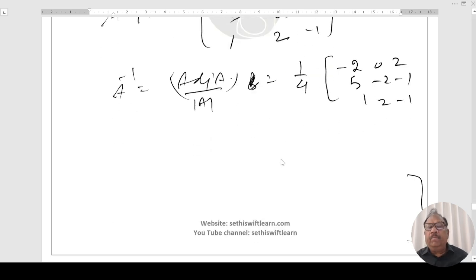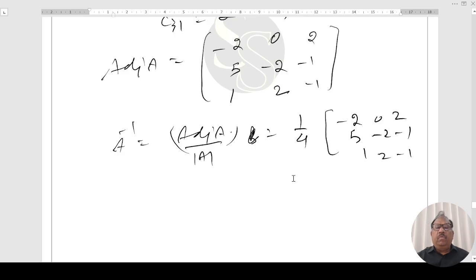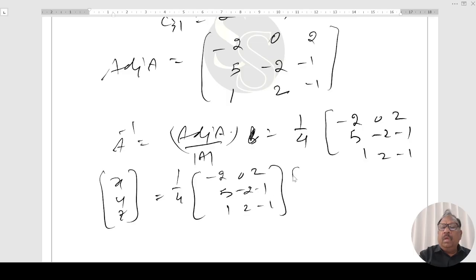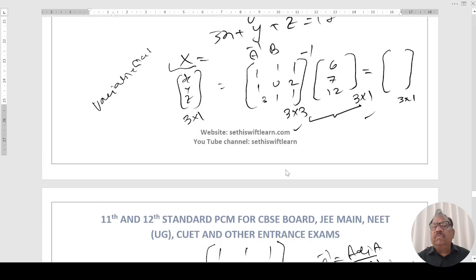Now to find the solution, x, y, z equals A inverse times B: 1 by 4 times minus 2 0 2, 5 minus 2 minus 1, 1 2 minus 1, and the constant matrix 6 7 12.